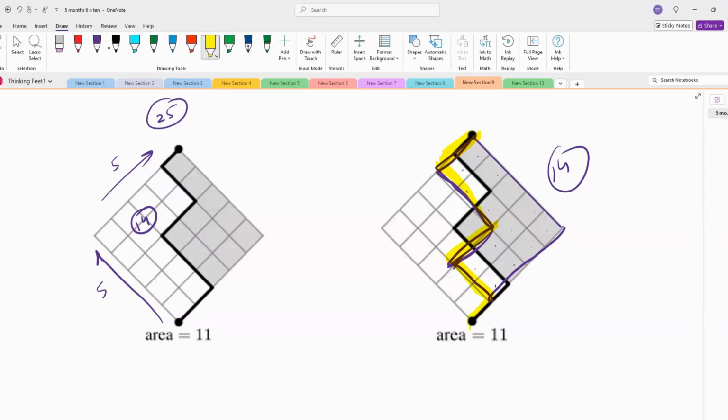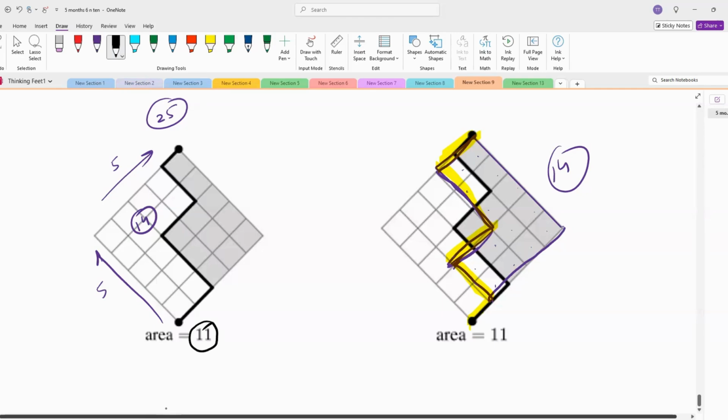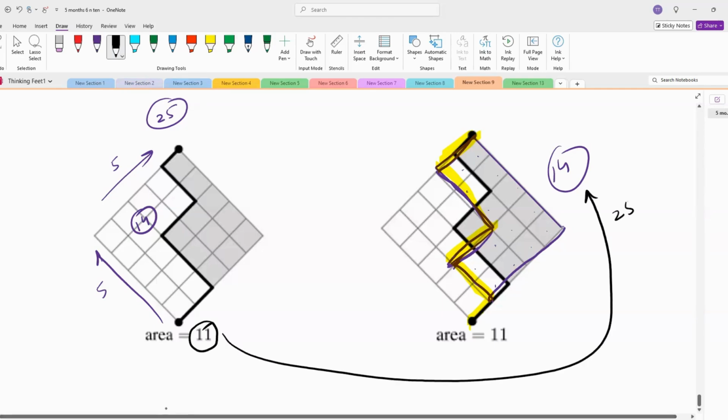So the way symmetry comes in is for any possible area, you will find a complementary area that'll add up to 25. Okay, because of the symmetry of this shape, you got 5 by 5. These two sort of add up to 25. So no matter what path you take, it is possible to find a complementary area that adds up to 25.